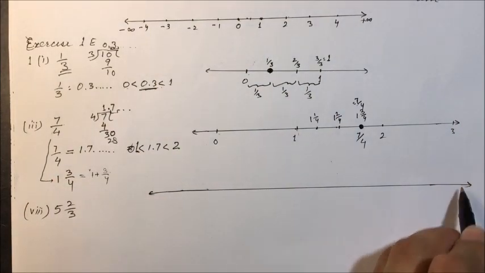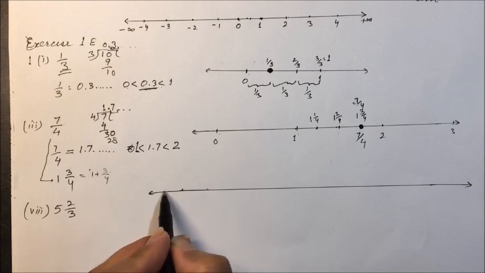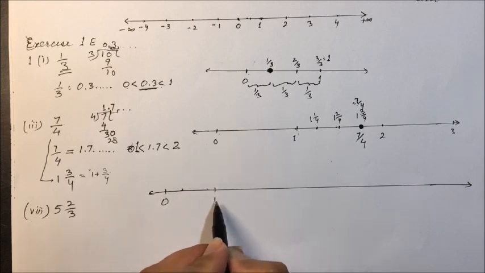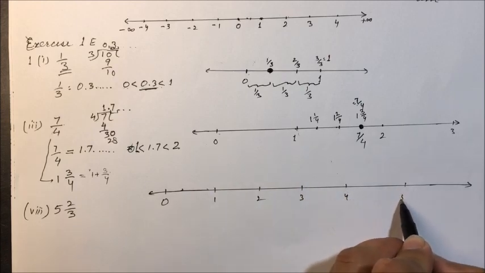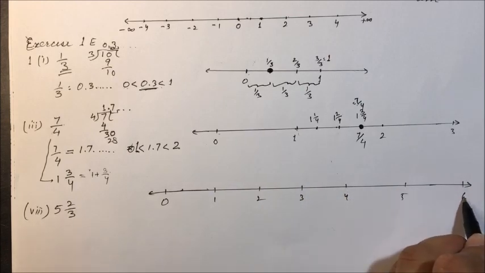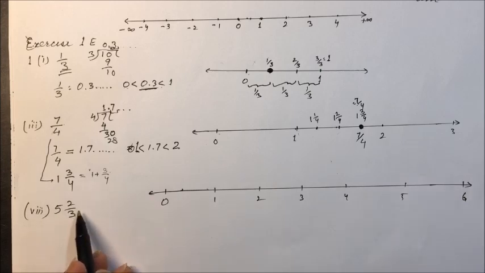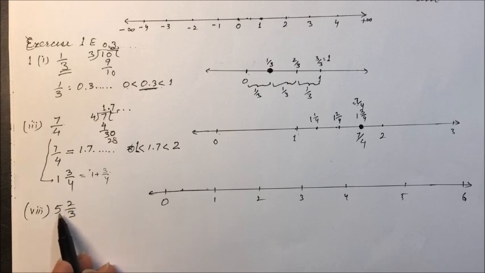So if this is the number line, I am taking 0 here. 1 2 3 4 5 6. So it will lie between 5 and 6. 5 plus 2 by 3. We are adding something to 5.